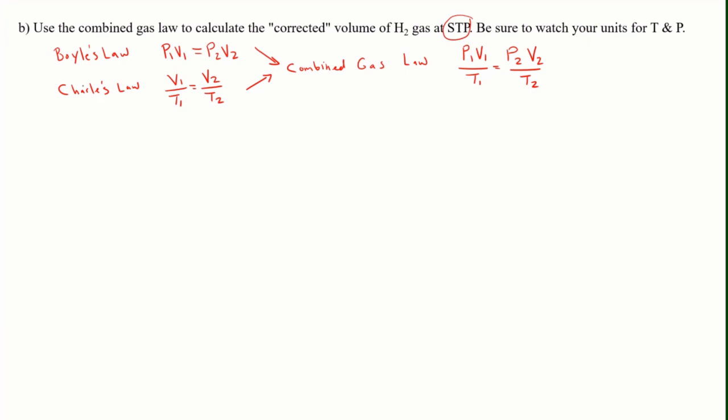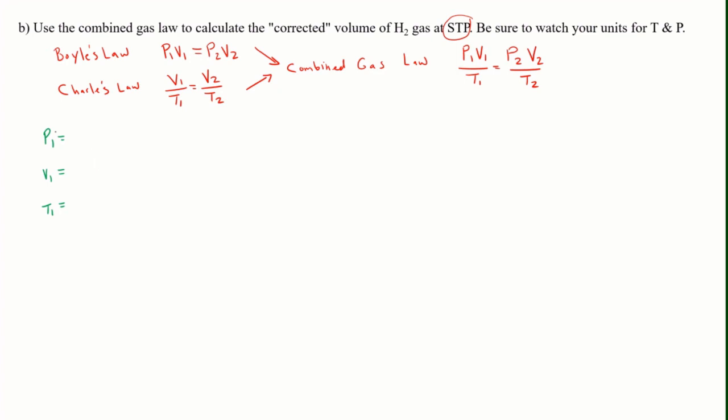I'm going to pick one to be my experimental. So P1 is the pressure of hydrogen gas that I found experimentally, V1 is going to be the volume of the gas experimentally, and T1 will also be the temperature of the gas experimentally. Now you could look back at part A to find these.